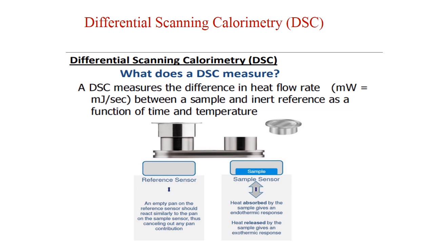Good morning, students. Today, we are looking over thermal analysis of an unknown sample. In the last lectures, we have studied TGA, thermogravimetric analysis, and DTA, differential thermal analysis. From that, we came to know that the graph which we got in case of TGA and DTA is the mass loss.